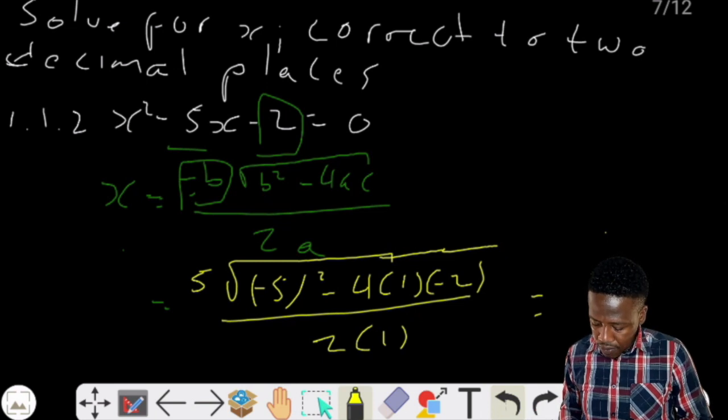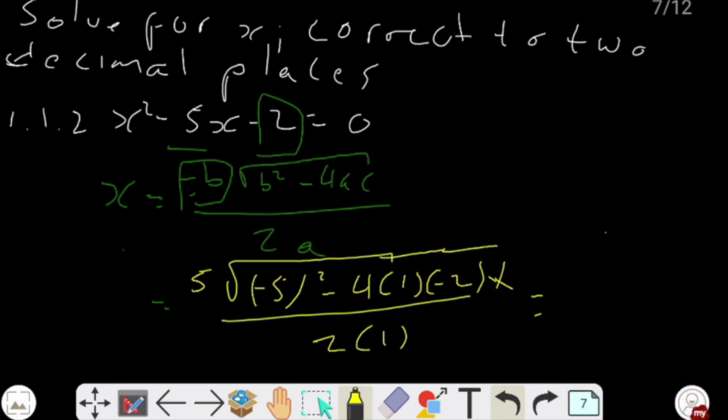Let's try by adding everything under the square root. 5 squared minus 4 times negative 2, which is 25 plus 8, which is 33.